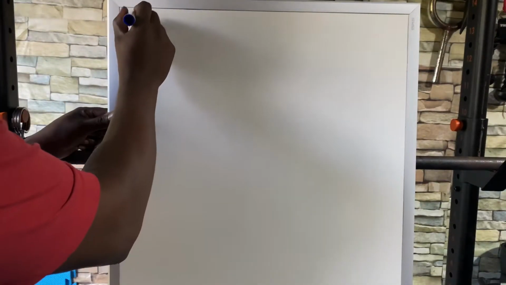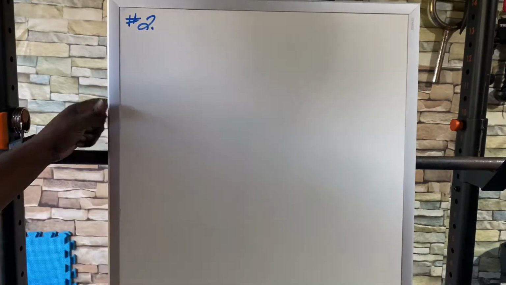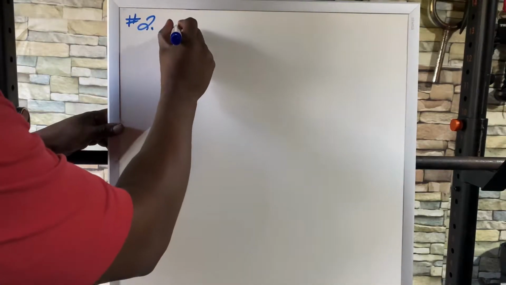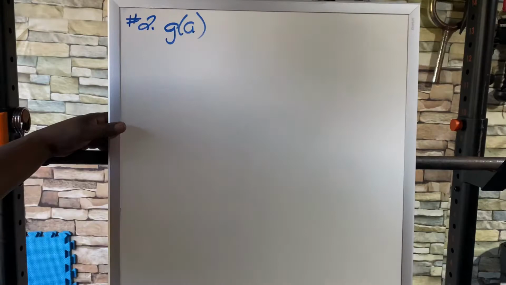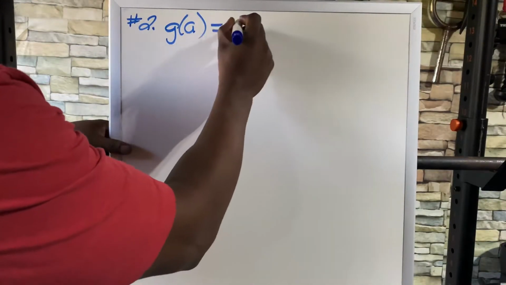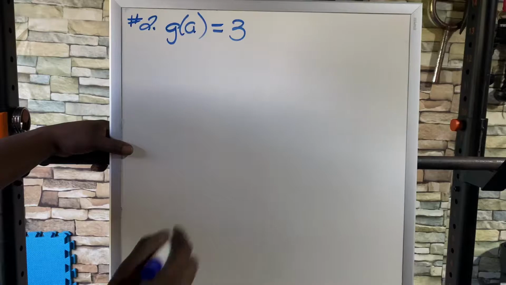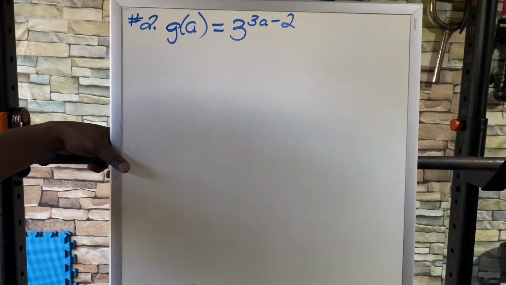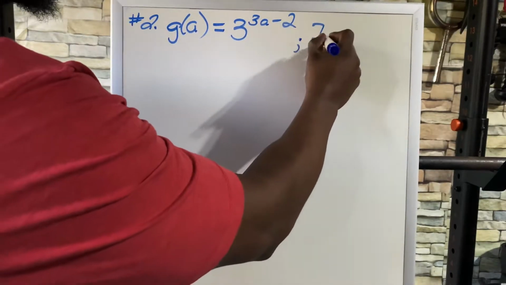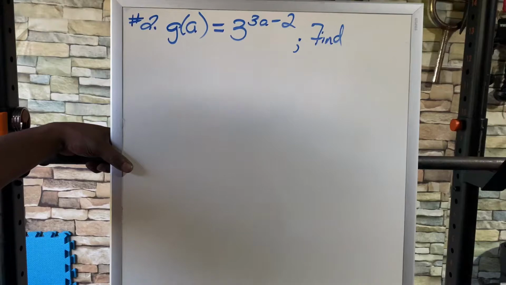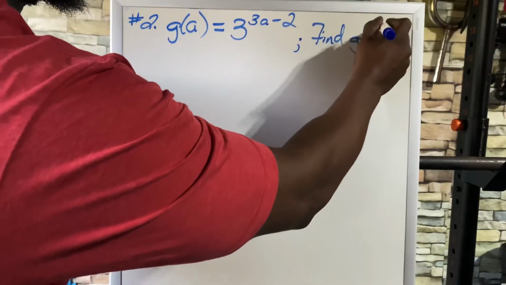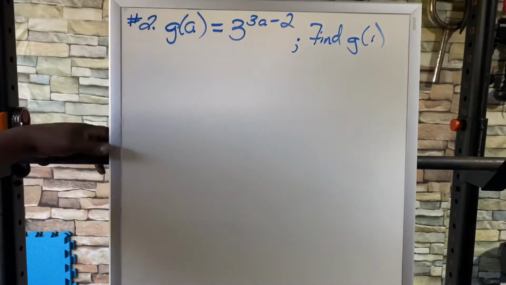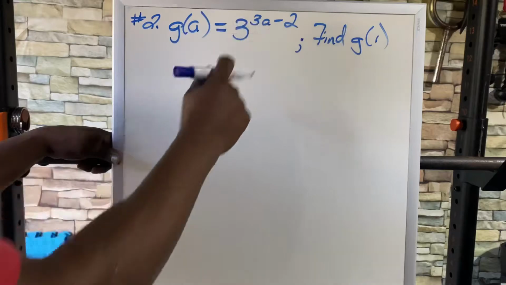Number 2. We have g of a equals 3 to the 3a minus 2. Then it says find g of 1. We're going to start off like we did the first one. We take g of 1 and place the 1 wherever we see the a's.